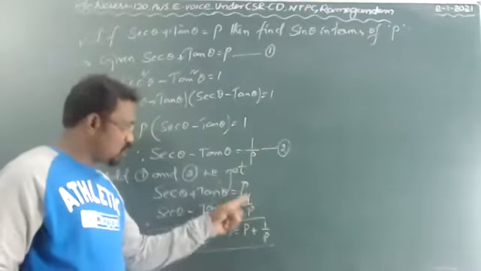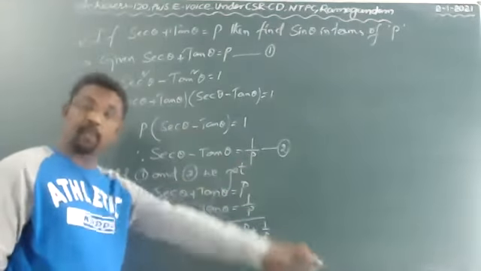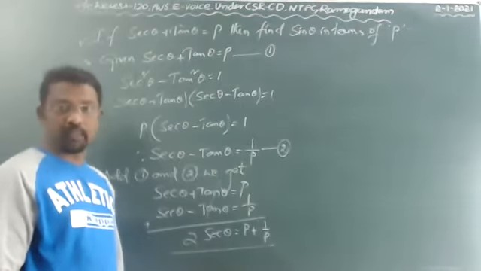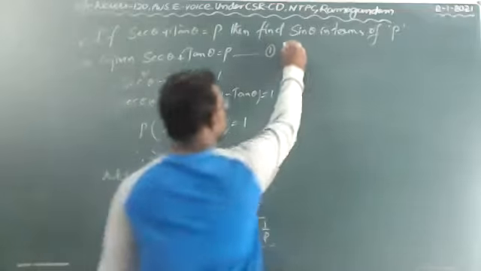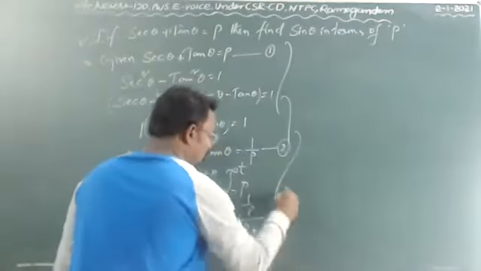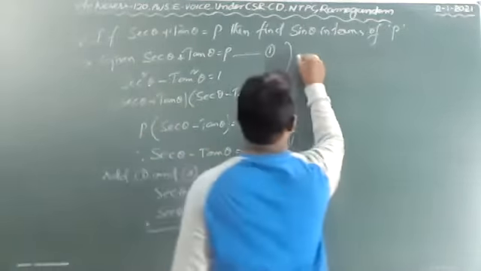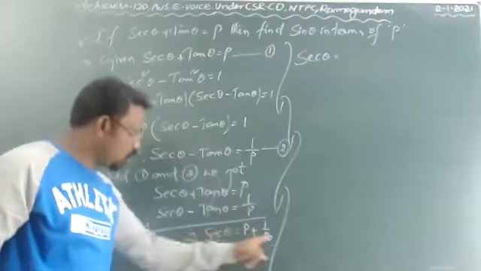We can't add these two as P plus P, 2P, no. Here P is there, here 1 by P is there, so P plus 1 by P. 2 secant theta is equal to that. Now what is secant theta? Send the 2 to this side.